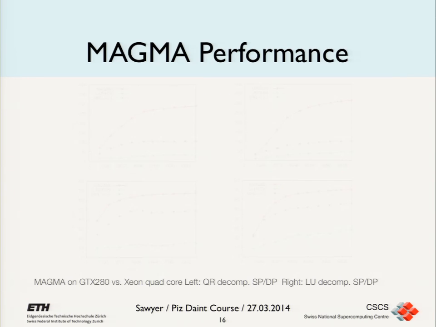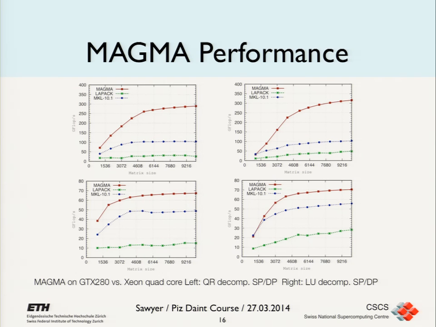Let's see. Oh, more on performance. These are some quite old results. This is a quad-core versus a very old Nvidia GPU. And what you notice here is that the left-hand side is a QR decomposition, think least squares minimization. On the right, LU decomposition, solving large non-symmetric systems. What is of interest here is that the overall performance of single precision is not nearly as high as before, where I was talking about 400 gigaflops in double precision, right?